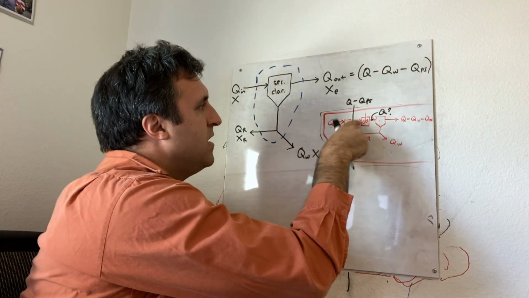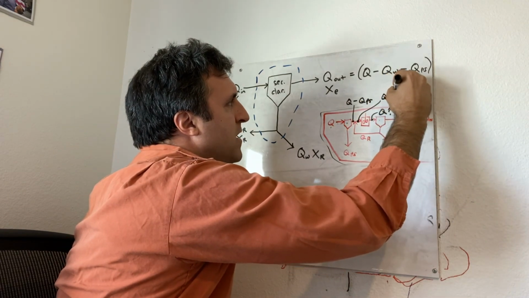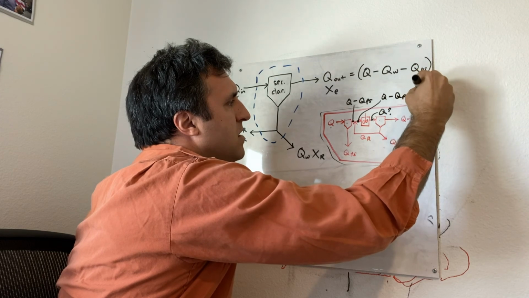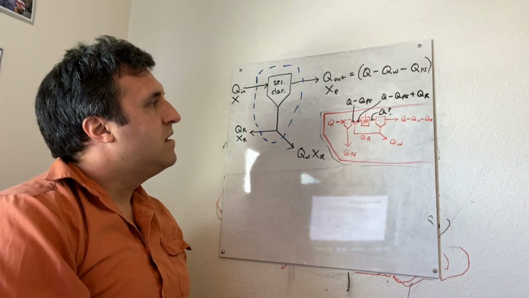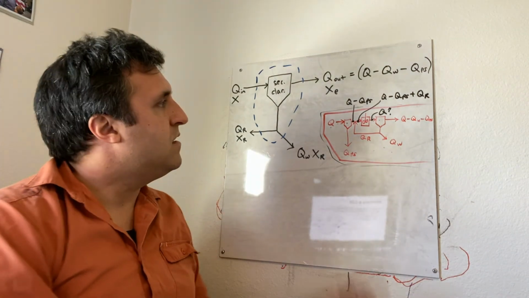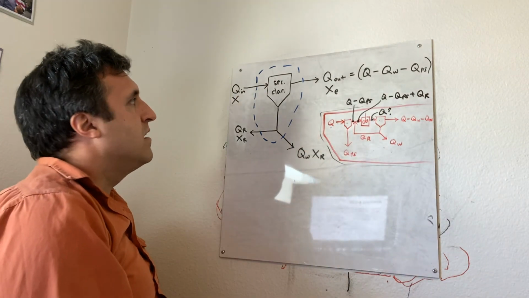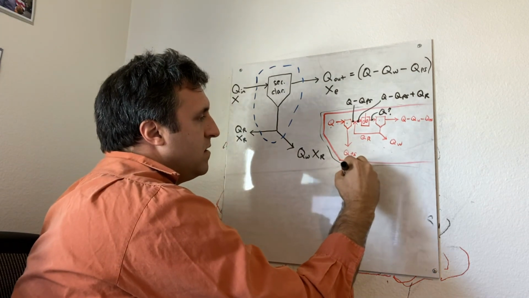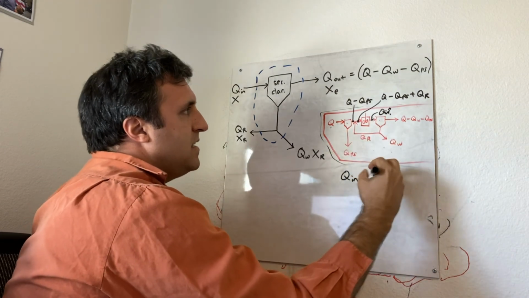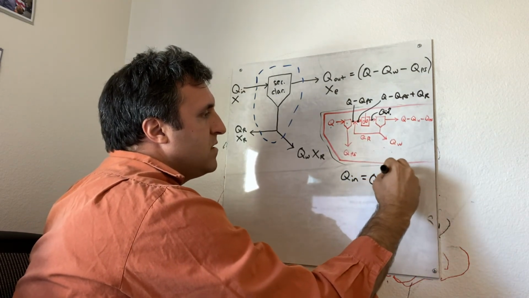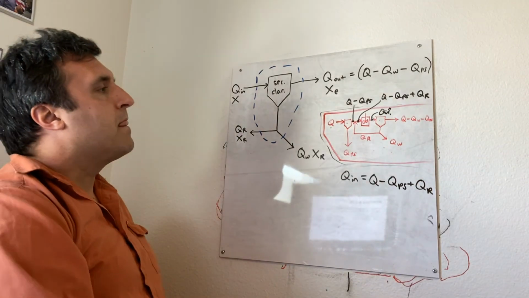So at this point, right after that return line gets added, the flow rate is Q minus QPS plus QR. And as it goes through the aeration tank, there's no other outlets, so we can still use that as the same flow rate leaving the aeration tank, which is what's coming into the secondary clarifier. So Q in, which is labeled here, is equal to Q minus QPS plus QR.